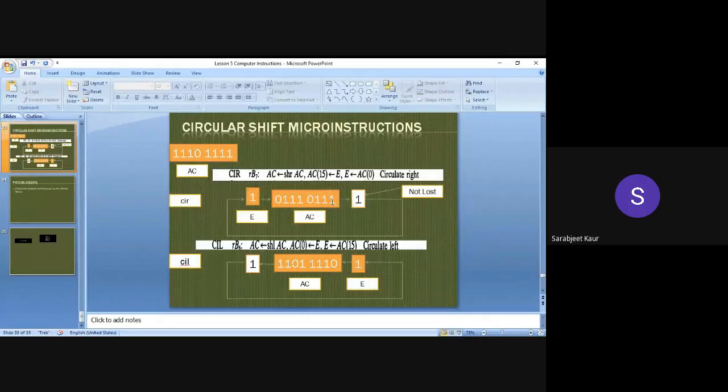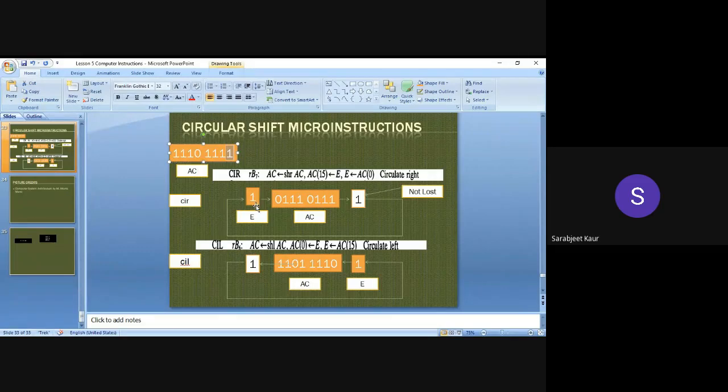When I say circular shift right, all these bits are shifted one bit to the right. But when this bit is shifted, it does not fall off, it is not lost. Instead it is copied to E, and whatever is stored in E is passed on to AC. So it becomes a circle.